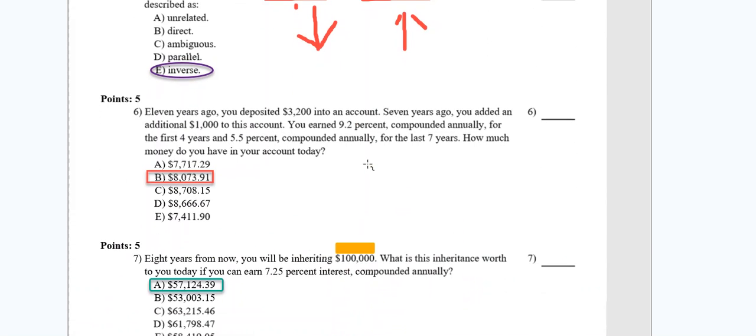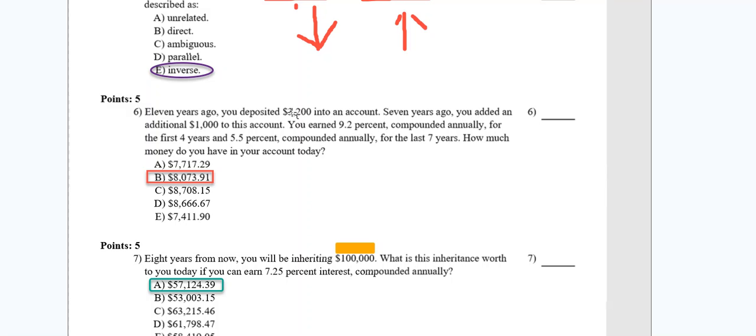There you require an application of future value. So 3200 you are investing, and that is growing initially for 4 years at a rate of 9.2%, because you are investing 7 years ago.